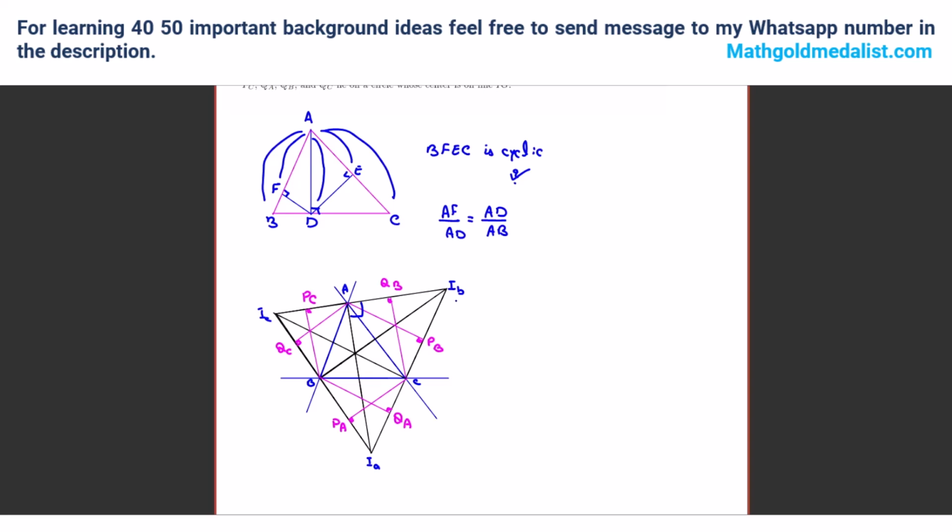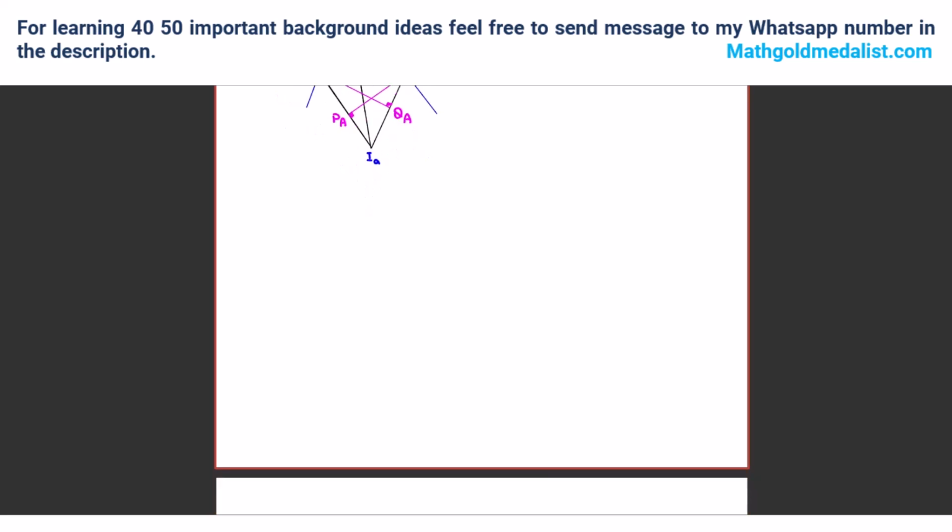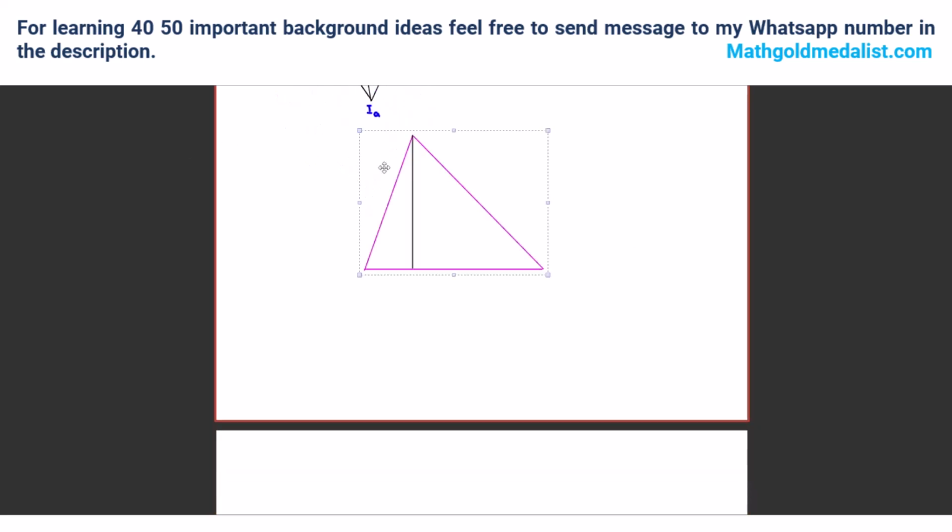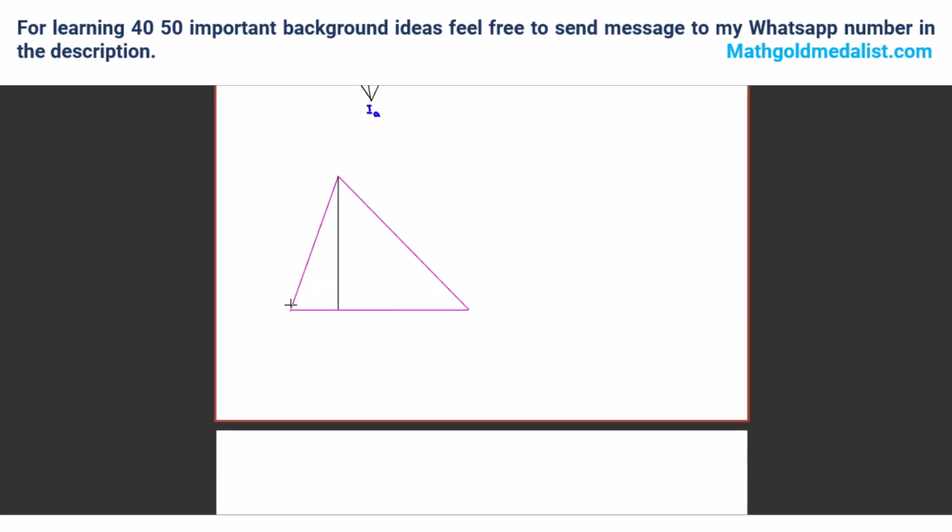But let me tell you something. Do you agree that we can consider our main triangle is this one, right? Mhm. Then do you agree this length will be the altitude of the triangle, right? Mhm. So we can consider, for example, our main triangle is that, and then let's draw the altitude like this.